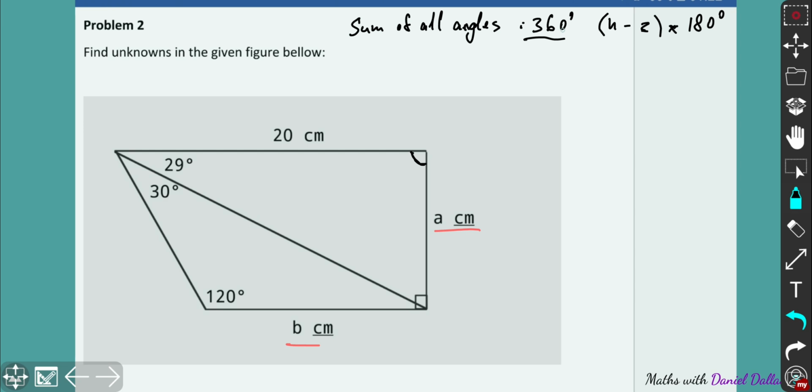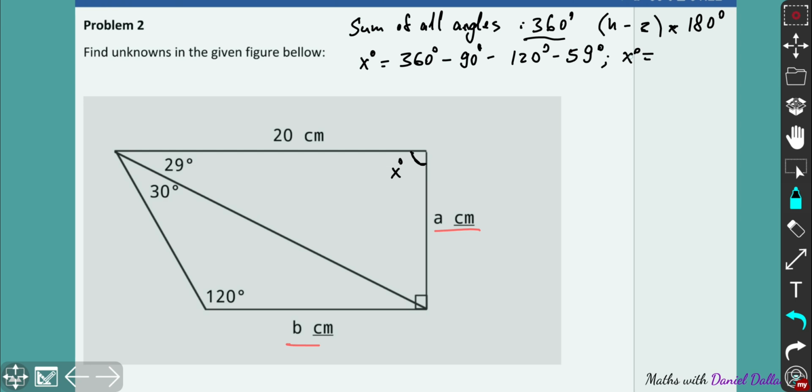So let's set this angle as an unknown, x. Angle x is simply 360 minus 90 degrees, minus 120, and minus 59 degrees.